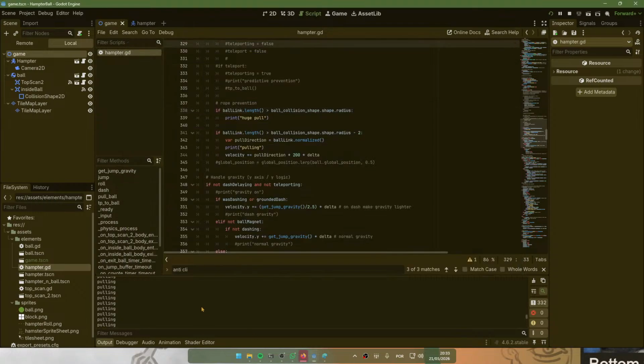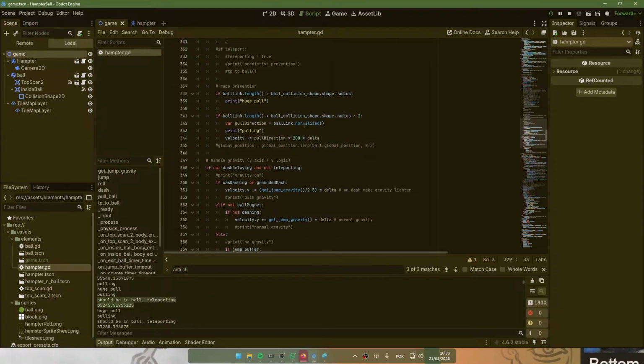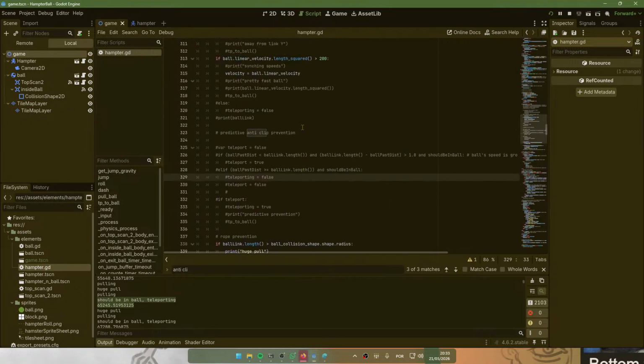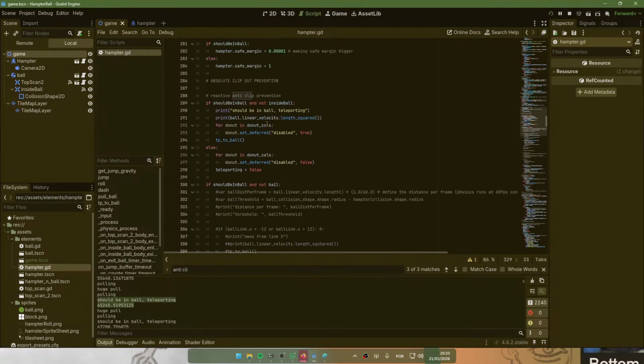Did I hit some huge pulls now? Ball landed, should be in ball. Huge pull pulling. You see, but that's the weird thing. It does huge pull, so it was out of the threshold. Then he got back in, but then he got teleported. Like, what? What do you mean?